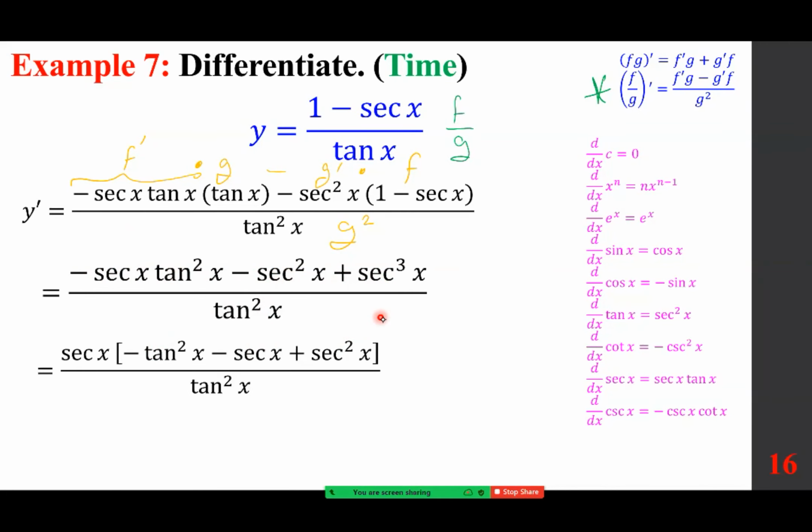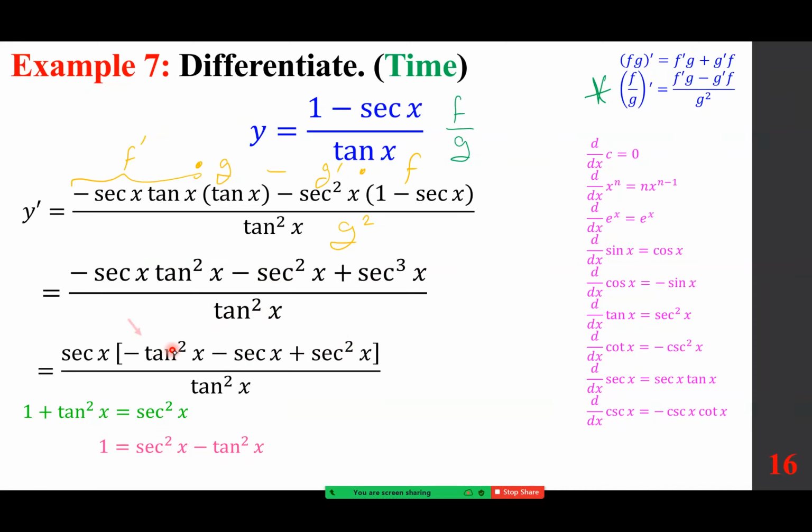We remember one of the Pythagorean identities in trigonometry is that 1 plus tan squared is secant squared x. And we see something happening here. So if we move the tan squared to the right, secant squared x minus tan squared x is equal to 1. And that's exactly what we have here, secant squared x minus tan squared x.